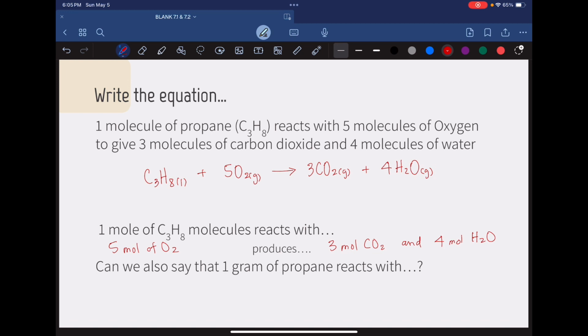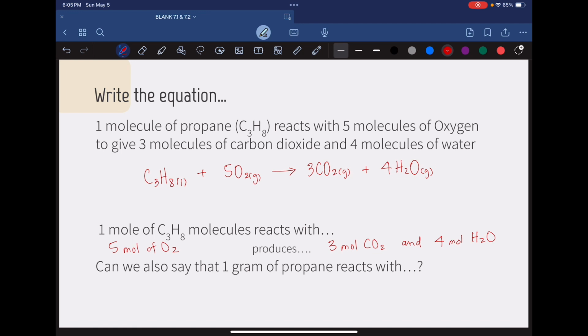This is another combustion reaction where we have our fuel, which in this case is propane, burning in air and producing CO2 and H2O.